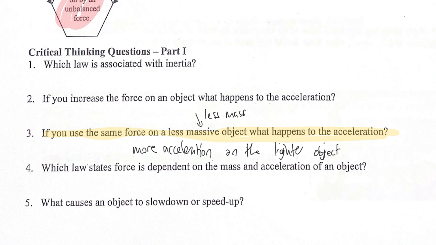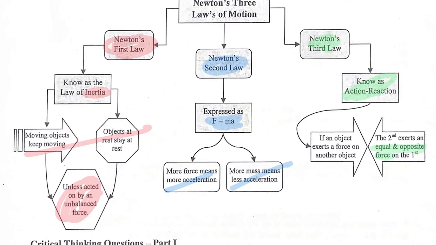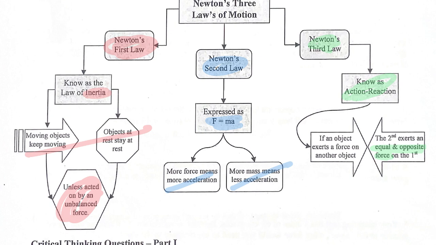Okay? So, what causes an object to speed up or slow down? Any ideas? So let's have a look here at the Newton's three laws. We should know that objects moving should keep moving. So what causes it to slow down? Must be an unbalanced force.